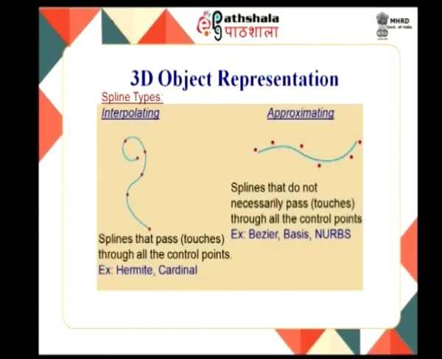What are interpolating splines and what are approximating splines? Interpolating splines are those splines that touch all the control points, that have to exactly pass through all the control points, while approximating splines are those splines that need not pass through exactly all the control points.